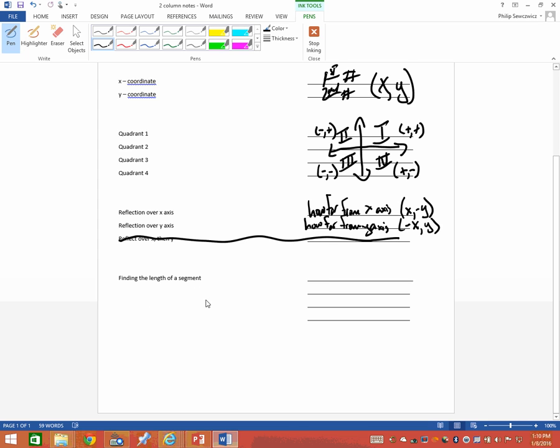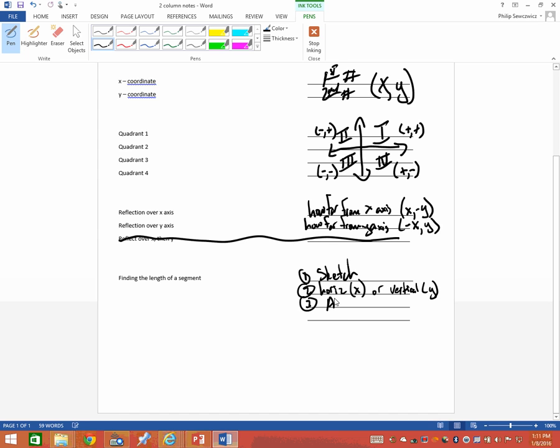All right, so things that we've done with that. The first thing we always did is we sketched the particular line. The second thing we had to come up with was, is it a horizontal line? If it was, we used the x, because that's what the x-axis does. Or was it a vertical line? Then we would use the y-coordinate, and that's the big thing there, which numbers to use.